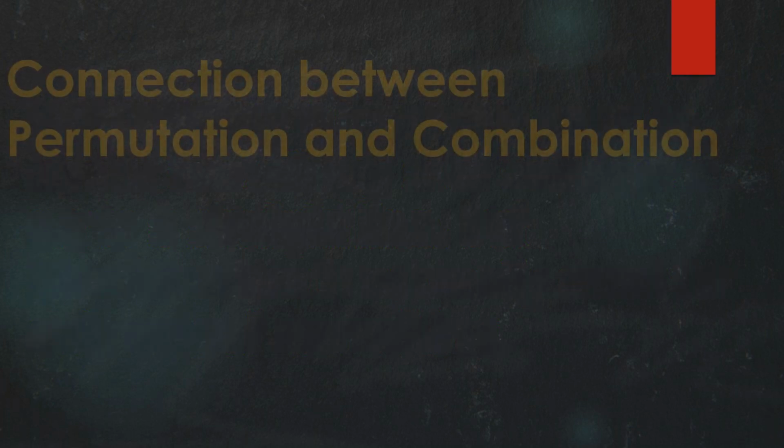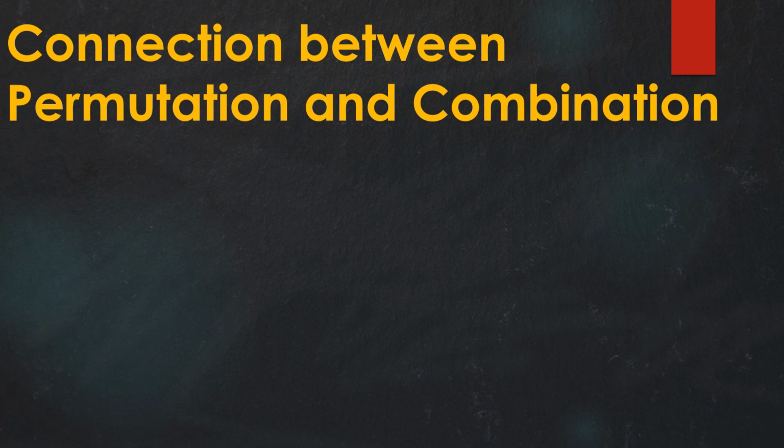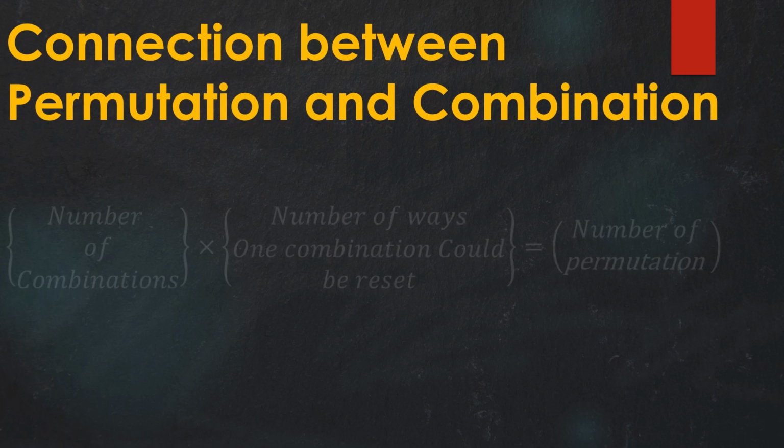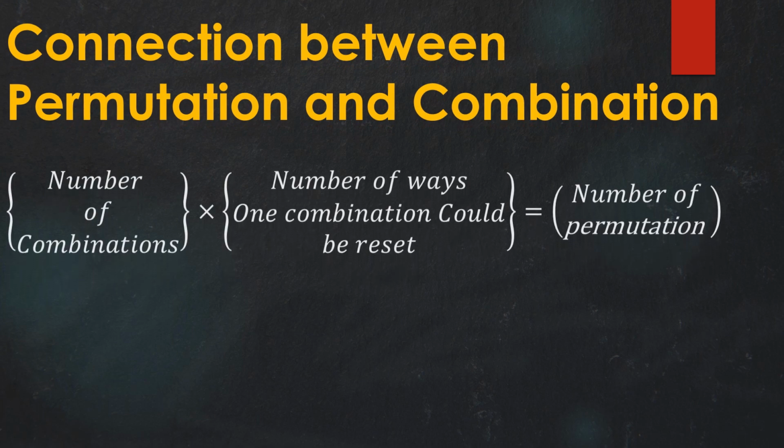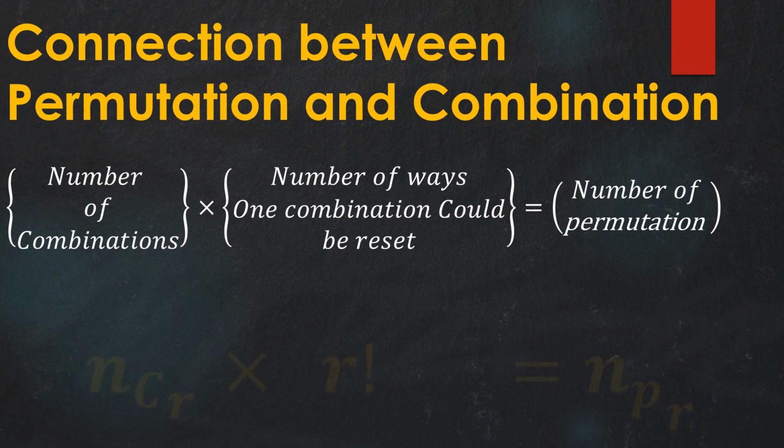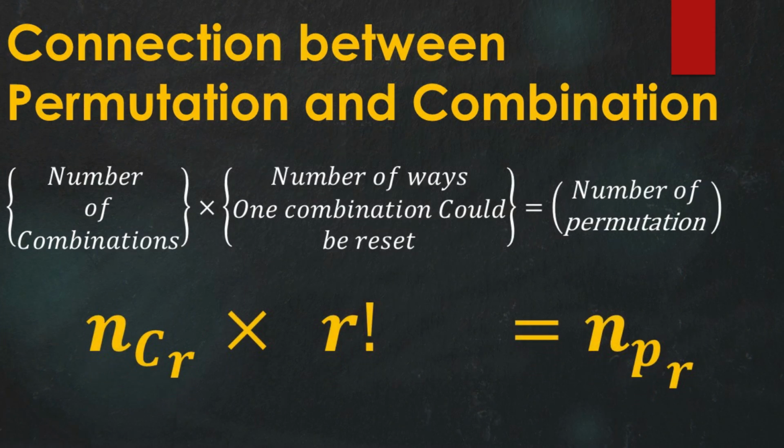Let's look at the connection between permutation and combination. Here you can see the number of combinations multiplied by the number of ways one combination could be arranged equals the number of permutations. In other words, we can represent it as nCr into factorial r equals nPr.